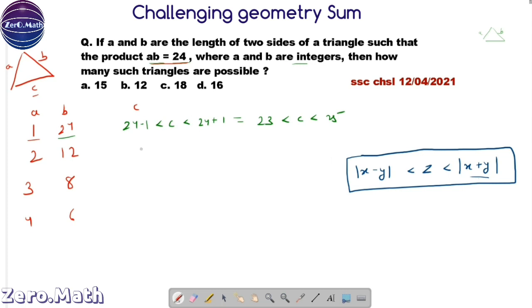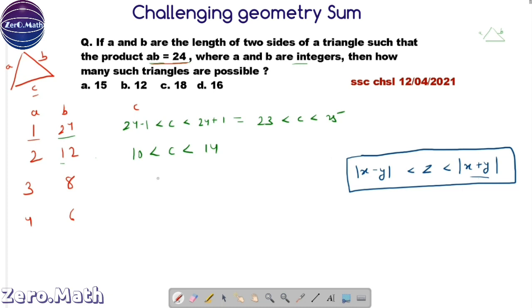Let us look at the next case now. The value of C has to be greater than x minus y. So what is 12 minus 2? That is equal to 10. Okay, so C has to be greater than 10 and it has to be less than 12 plus 2, that is 14.